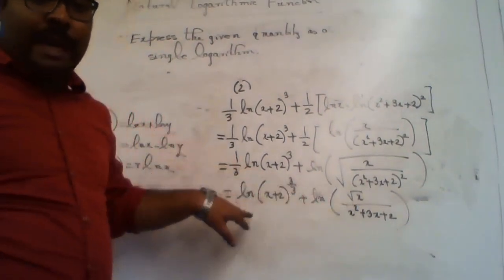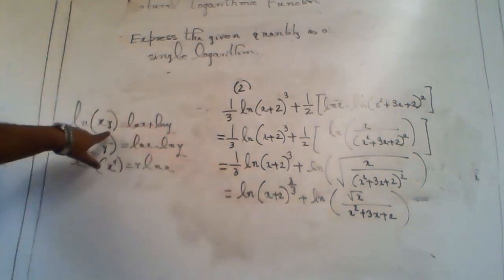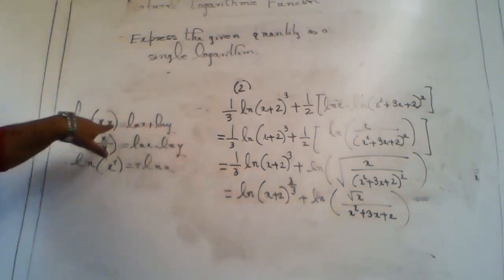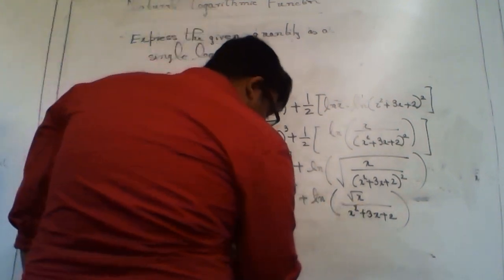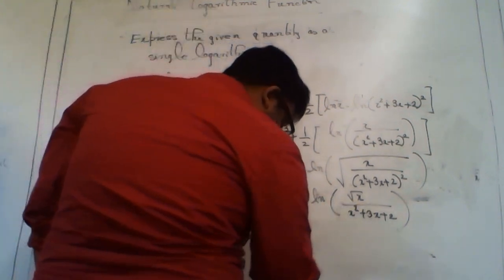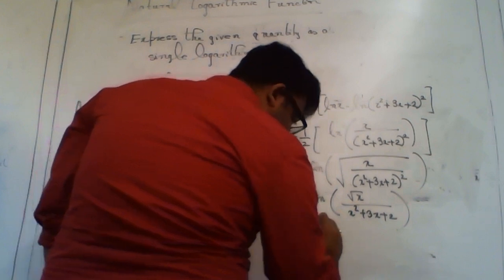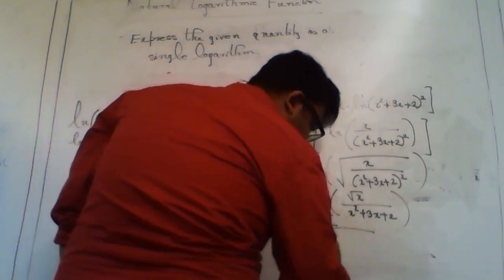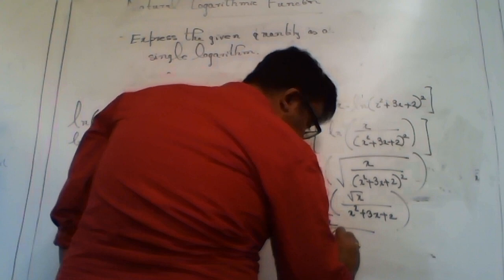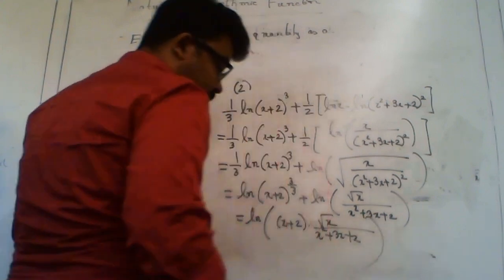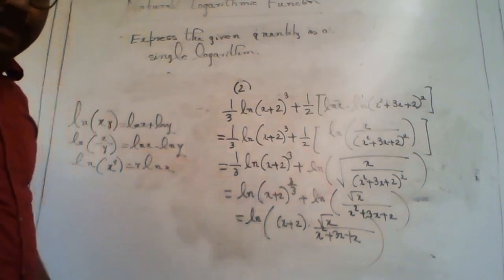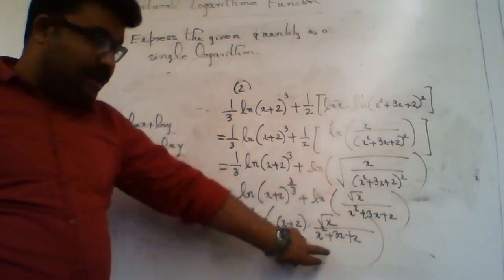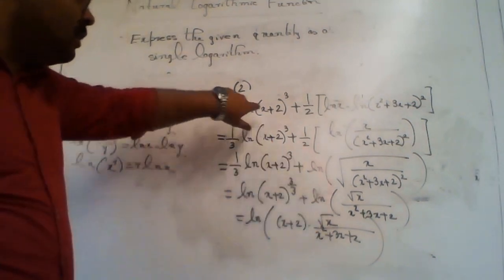So using the first property, ln x plus ln y equal to ln xy, it can be written as ln x plus 2 times square root of x divided by x square plus 3x plus 2. And because here 3 by 3 is 1, right? So this is the result. So we have combined this whole thing into a single logarithm.